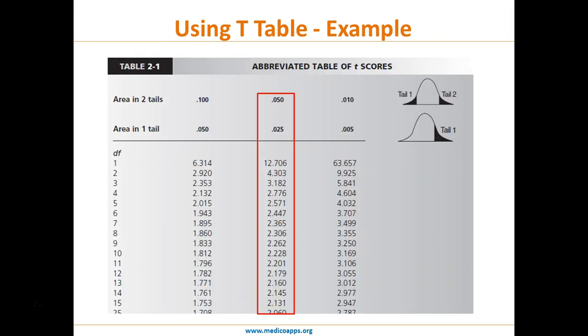Since we are looking at the 95% confidence level, this is the column for a 2-tail test. If it was a 1-tail test, we would have looked at a different column, because in a 1-tail test the 95% confidence level is elsewhere. But since it's a 2-tail test, we look at this column, and the degrees of freedom we calculated is 14. Where they intersect, the value we get from the T table is 2.145.